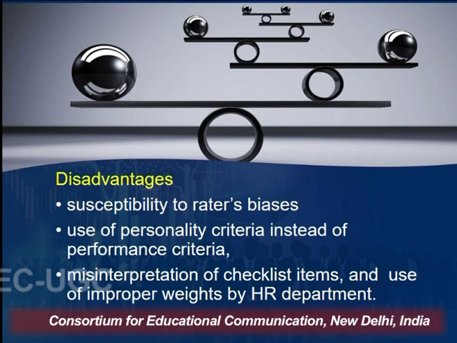Well, it is susceptible to a rater's biases. The rater can be biased while ticking the yes or the no columns. Then there is use of personality criteria instead of performance criteria. The statements are more related to the personality of a person and less related to performance. Then there can be misinterpretation of checklist items and use of improper weights by the HR department.